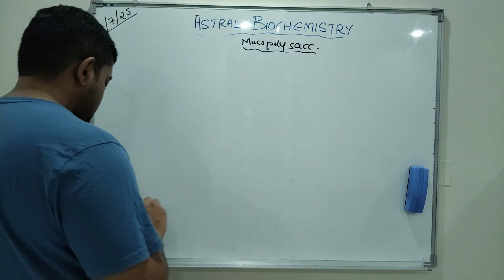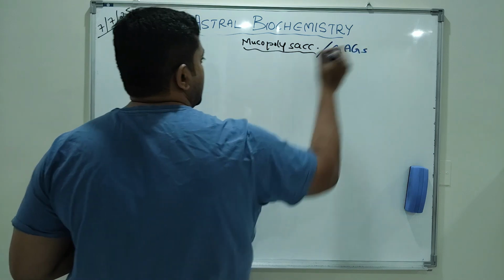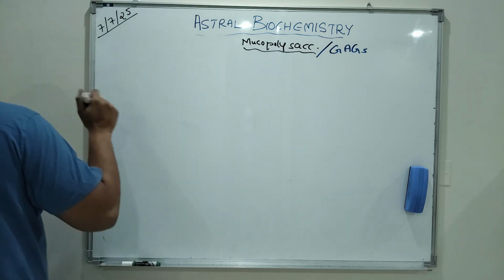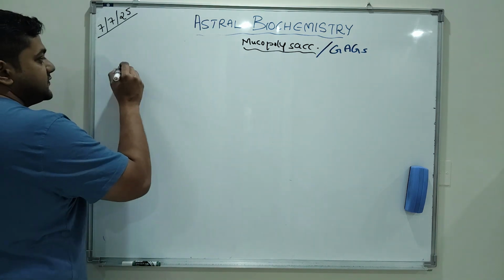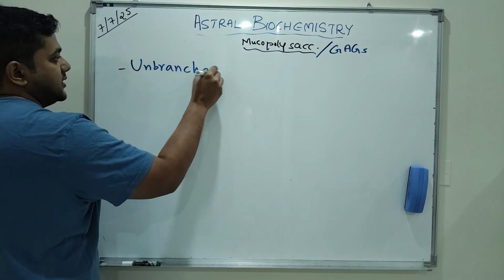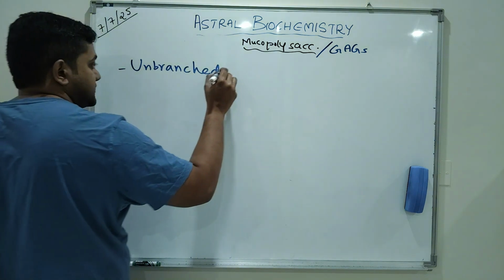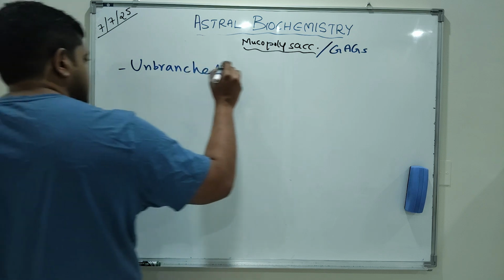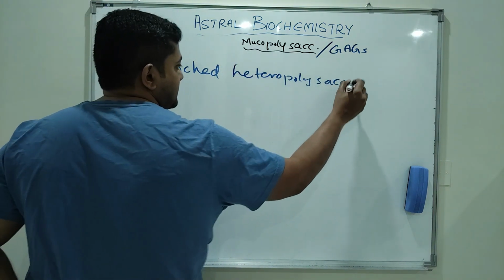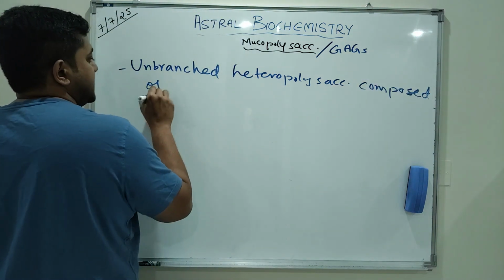So if you discuss mucopolysaccharides or GAGs, what are these? These are unbranched, linear polymers. Unbranched heteropolysaccharides composed of disaccharides.